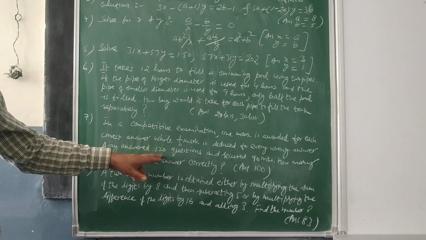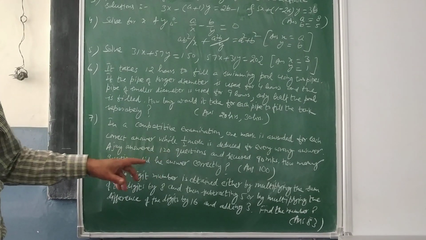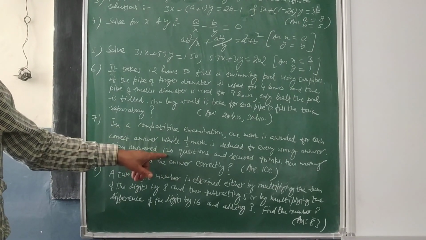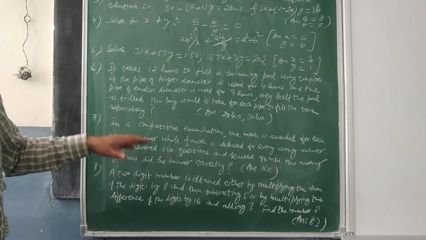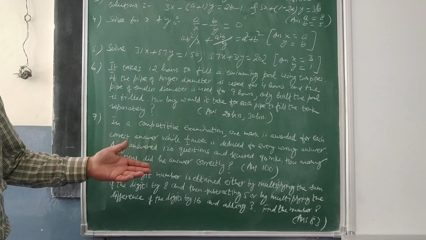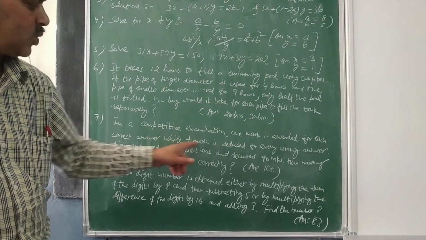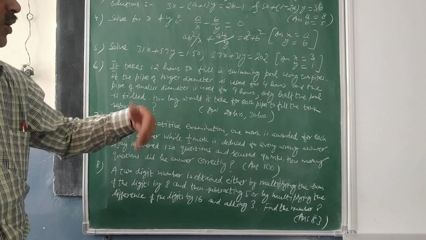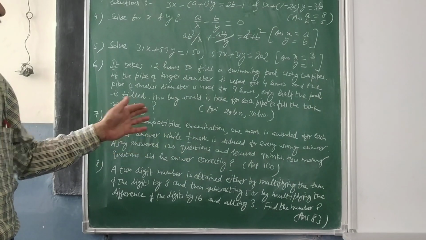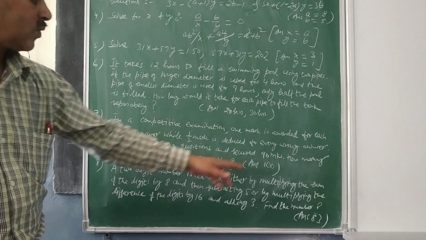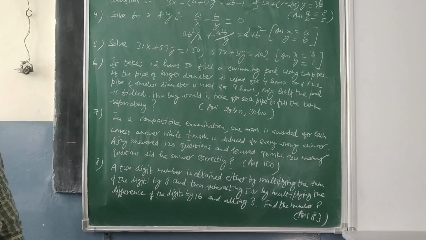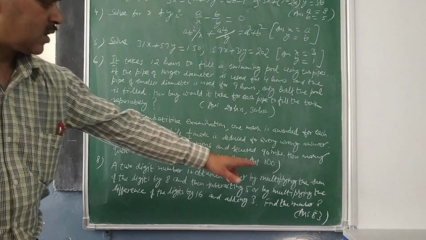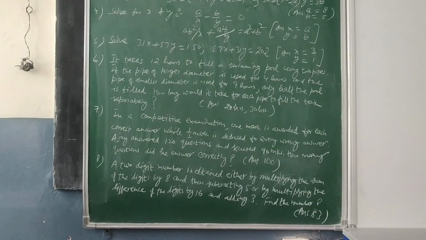Ajay answered 120 questions in all, so correct plus wrong answers are 120. That is one equation. The second is formed according to the condition: 1 mark for each correct, 1 into x, minus half into y, and the score was equal to 90. That will be the second equation. Get the values of x and y and see what the correct answers are. That should be equal to 100.